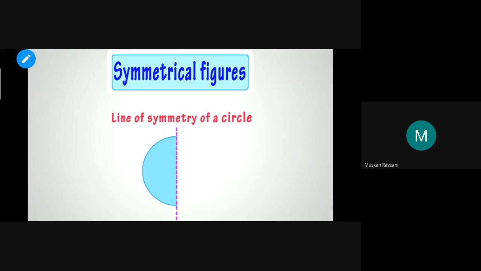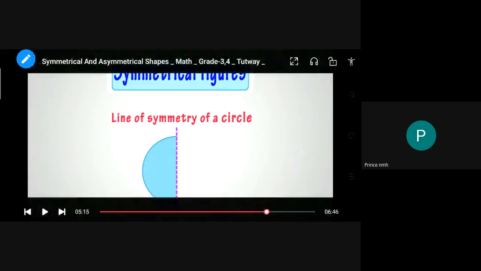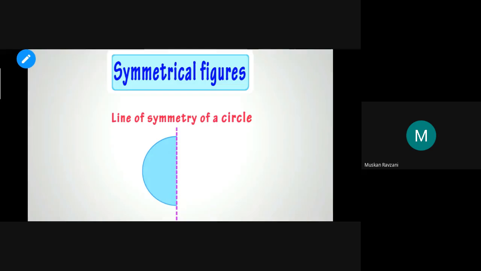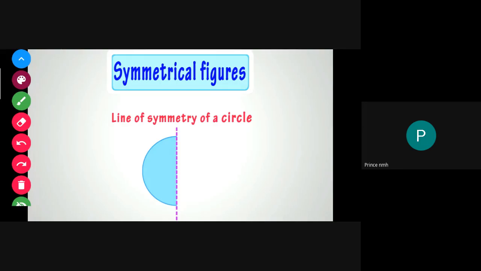Ma'am, if I had asked you to complete this circle, you would send the full circle from emojis. Suppose this is the question: complete this other half circle. Then we have to find an emoji and send it in the Google Form. Suppose this is an exam.